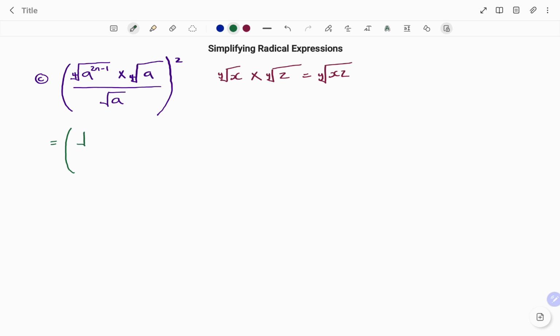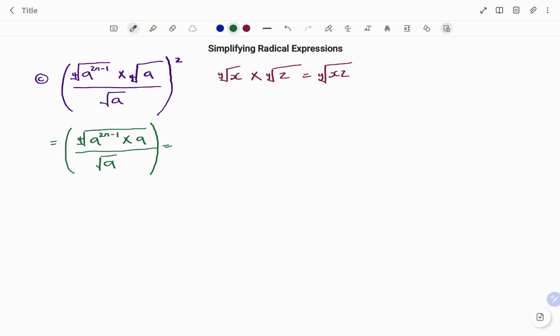I'm going to merge all under my fourth root: a to the power of 2n minus 1 multiplying a for my numerator, and for my denominator I'm still going to leave it as the square root of a.